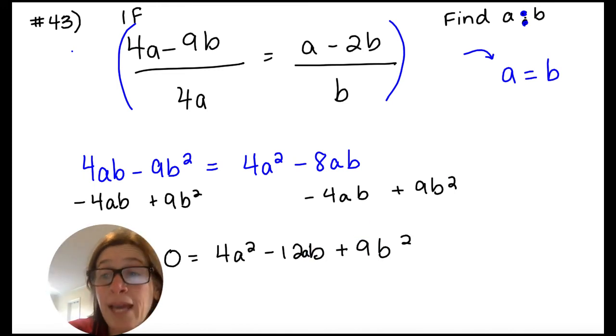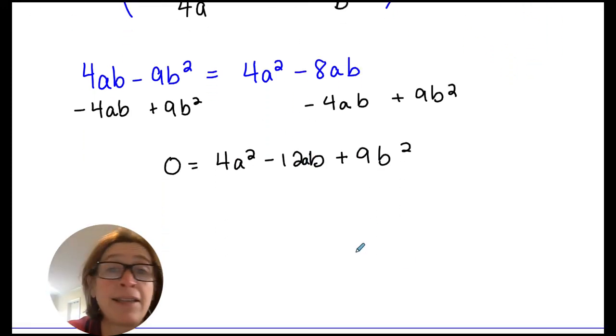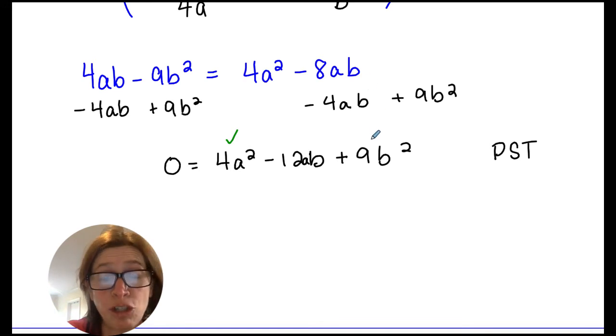Okay, so you can factor this just like you factor normal polynomials, but I looked at it and this is actually a perfect square trinomial. How do I know that? Well, the first term is a perfect square, 4a squared. The last term is a positive perfect square. And if you multiply the square roots of those terms, the middle number will be double that.